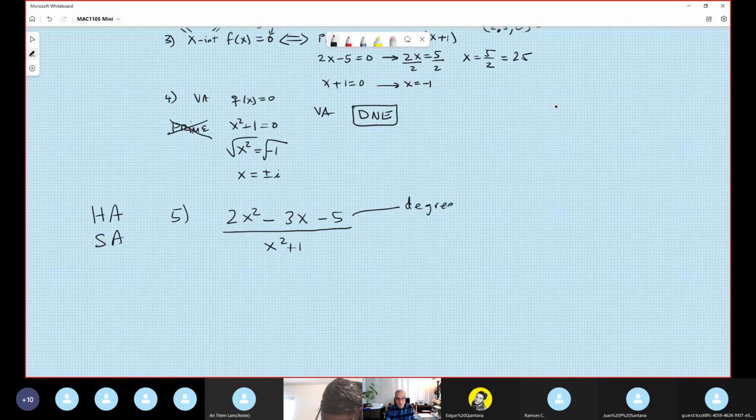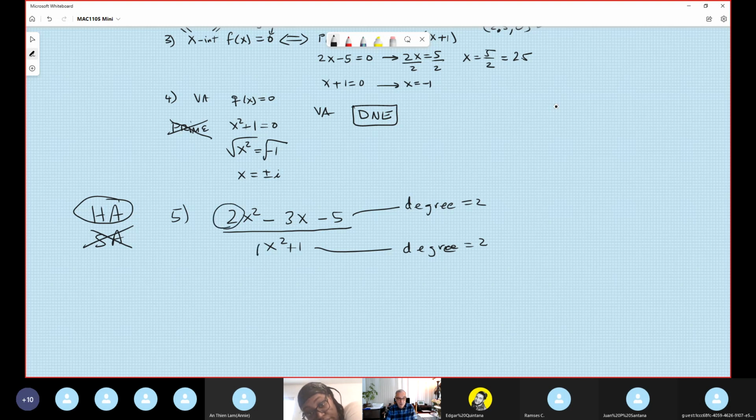The degree of the polynomial in the top is 2, and the degree of the polynomial in the bottom is 2. When the degree is the same, yes, we have a horizontal asymptote. It's not a special value, it's a regular case. Now you take the leading coefficient in the top, which is 2, and the leading coefficient in the bottom, which is 1. So y equals 2 is our horizontal asymptote.